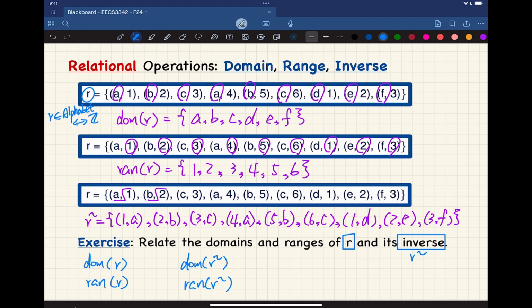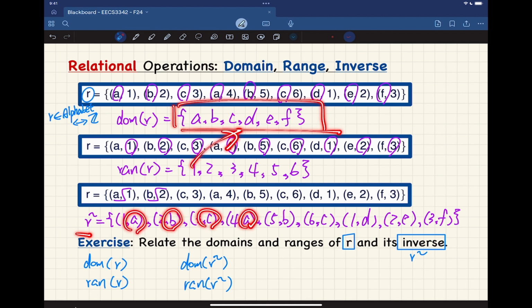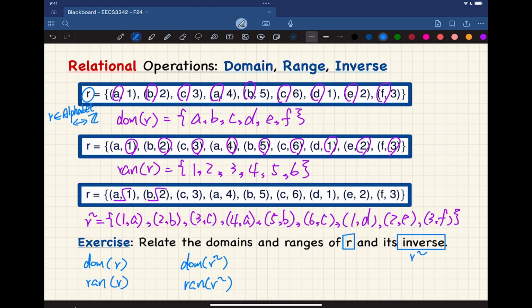Anybody? There are at least two properties we can say. Why don't we go with you? Go ahead. Yes, I agree. For example, domain of R would be here, exactly here. And the range of the inverse would be A, B, C, A, exactly here, right? Let's make it a set. So this will be what you had to say. Domain of R is going to be equal to here, and then here.